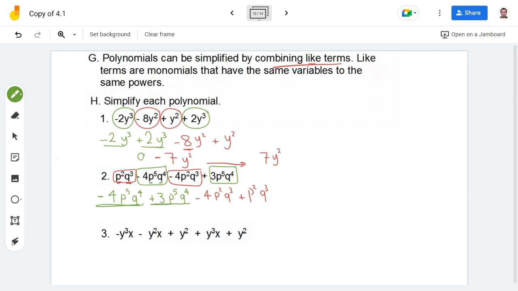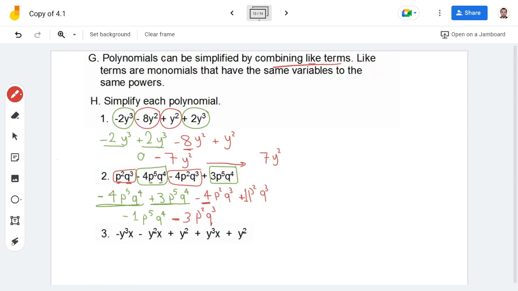So now minus 4 plus 3 equals minus 1, p to the power of 5, q to the power of 4. Then negative 4 and plus this one is equal to what? 1. So negative 4 plus 1 is equal to negative 3p to the power of 2, q to the power of 3. So now the final answer is this one here.